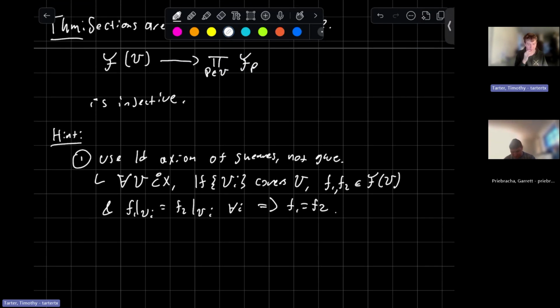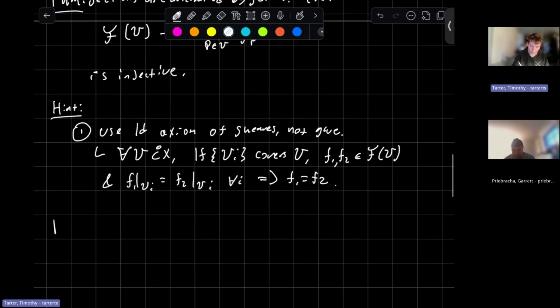Oh yeah, that definitely motivates injectivity. So proof: let U_I cover U.